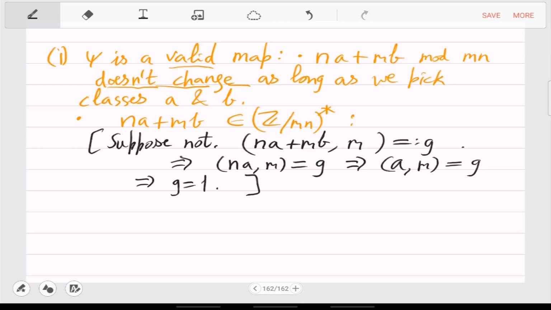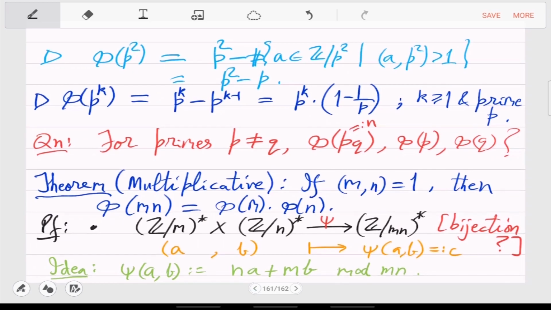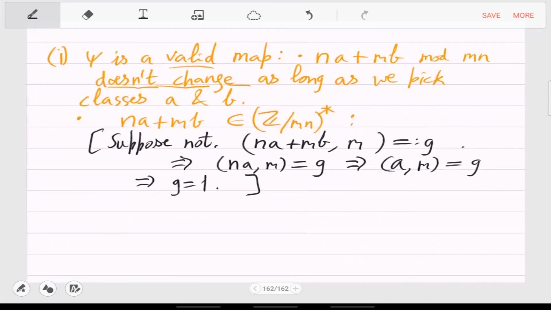We don't know whether it worked, but at least we have checked that it's a valid definition. It is taking a pair of residue classes, and it is giving a residue class which is co-prime to Mn, right? So we have checked that the domain is domain and the range is range, right?